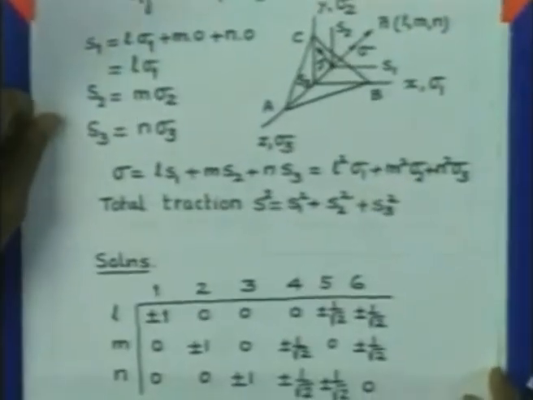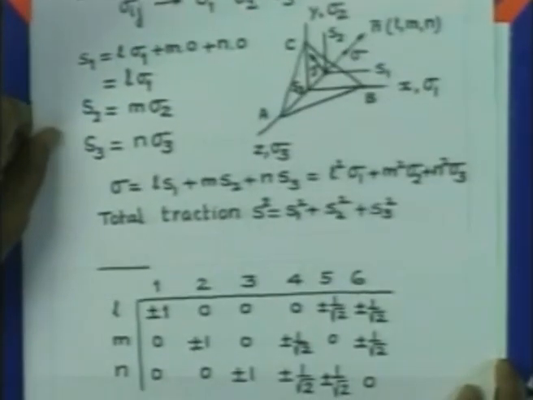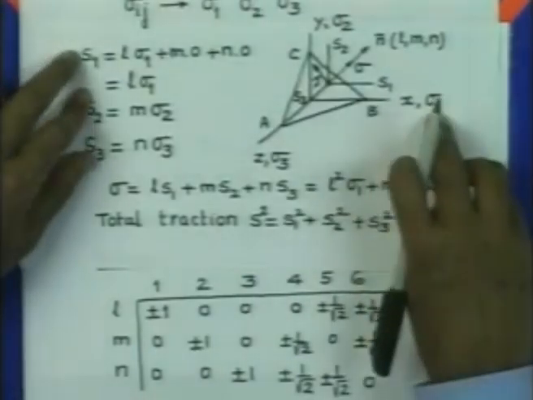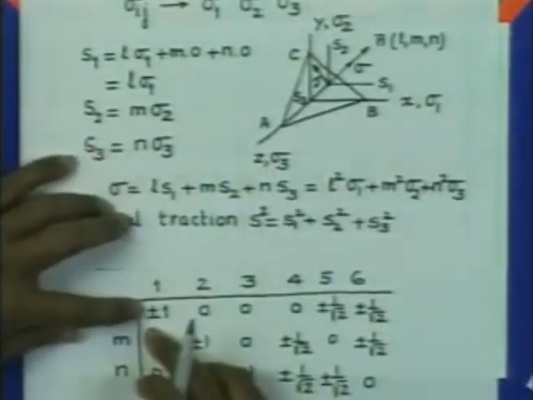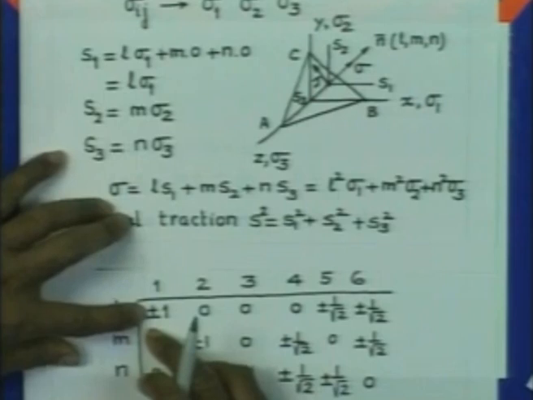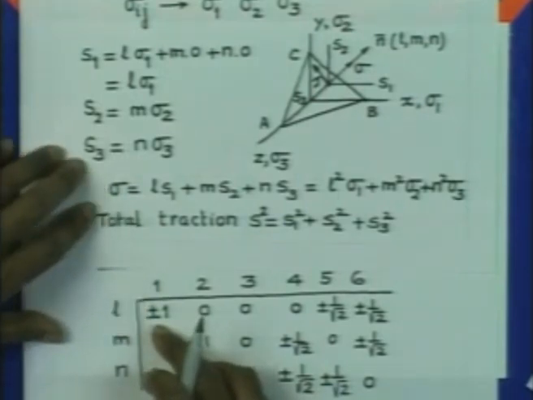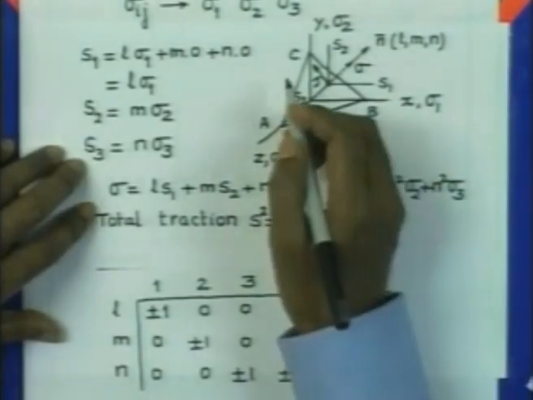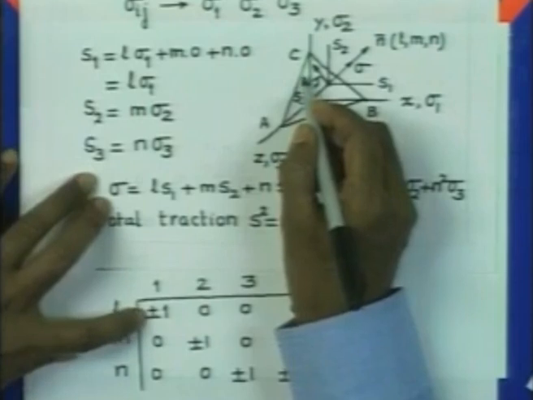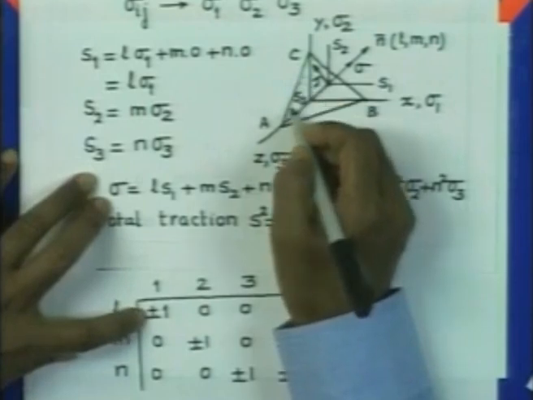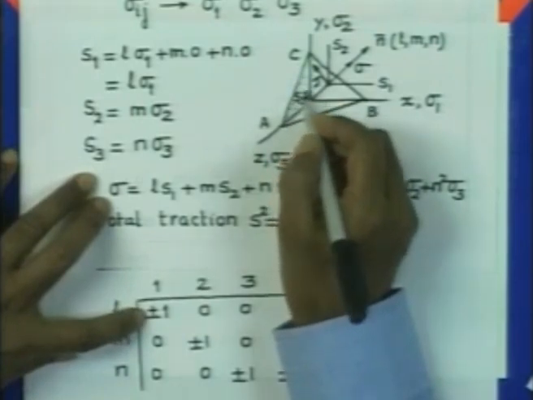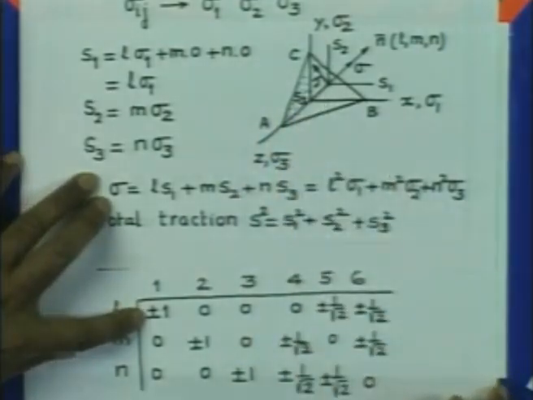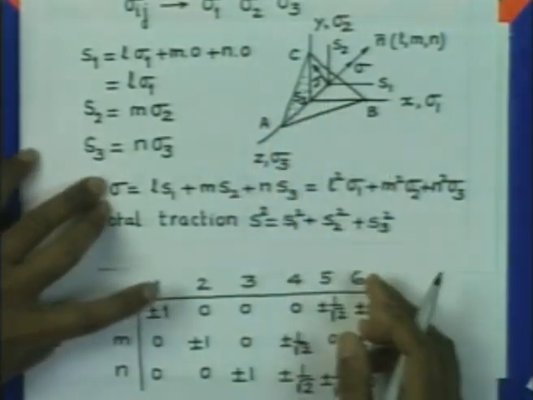If we take our reference as the principal directions sigma 1, sigma 2 and sigma 3, this is the direction which is making an angle of 90 degree with the sigma 1 direction. Therefore, this gives you the plane of the principal shear stress, and in this case it really indicates that there is no shear stress.